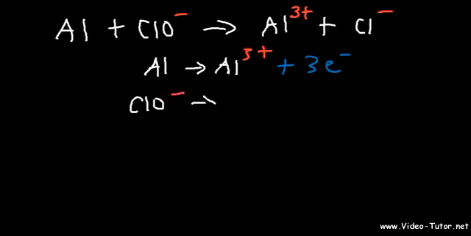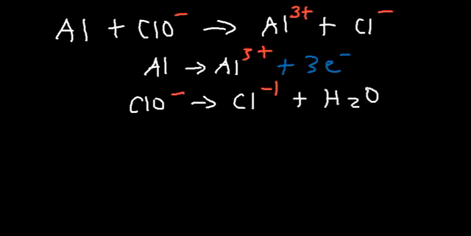For this one, we have to balance the number of atoms before we can balance the charge. We have one oxygen atom on the left, so we have to add H2O to the right side. Now we have two hydrogens on the right side, so we have to add 2H+ on the left side. Now the atoms are balanced. The total charge on the left side is 2 times 1, which is 2, plus the -1 charge, so a total charge of +1.